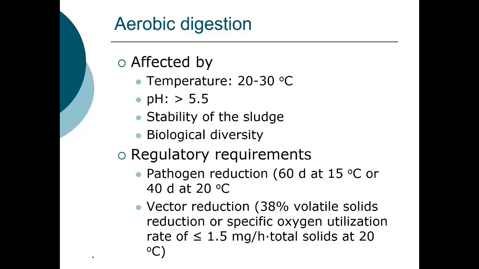And as I mentioned, the regulatory requirements are pathogen reduction and vector reduction. So we want to make sure that we're not transmitting disease through various vectors such as insects and rodents.